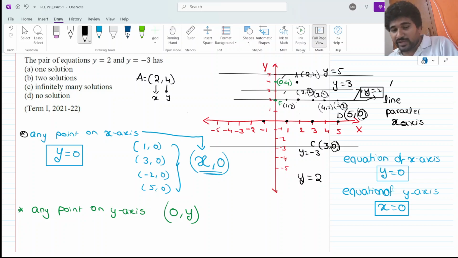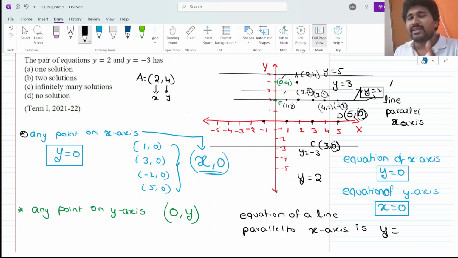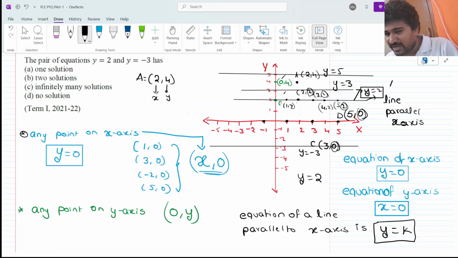So you can tell one thing. The equation of a line parallel to the x-axis is y is equal to, one time 2, one time 3, it keeps changing, right? So y is equal to k, some constant I am writing.